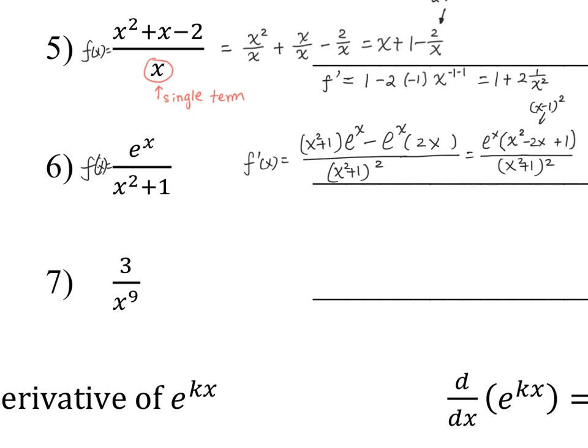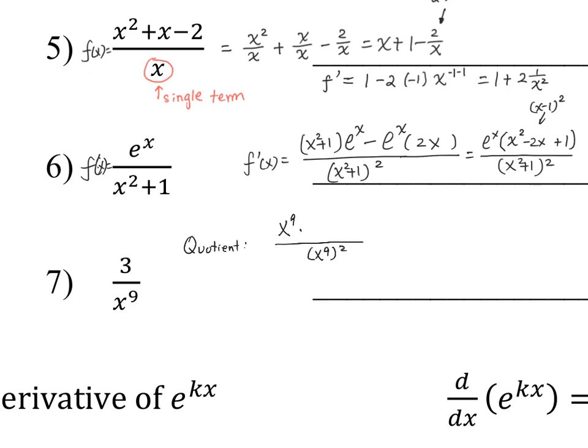And let's look at the very last one. Okay, very last one. Again, two methods. If you use your quotient rule, you're going to have this. So this is the quotient rule. The derivative of that is low square, low d high.